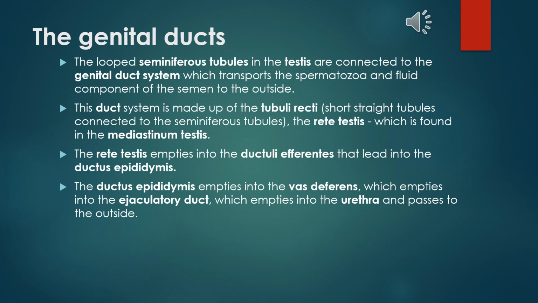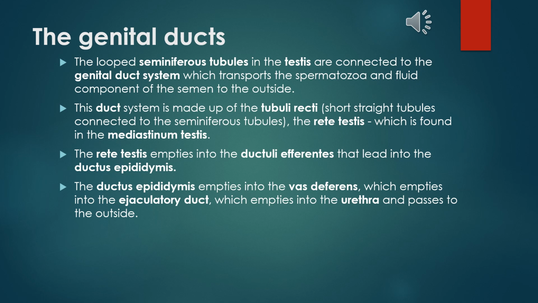As we've seen in the beginning, there are some genital ducts. So the looped seminiferous tubules in the testis are connected to the genital duct system, which transports the spermatozoa and fluid component of semen to outside. This duct system is made up of tubuli recti, that is the short straight tubules. Then these connected to each other form a network in the mediastinum testis called rete testis.